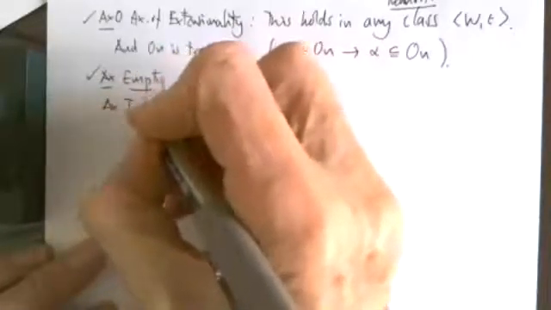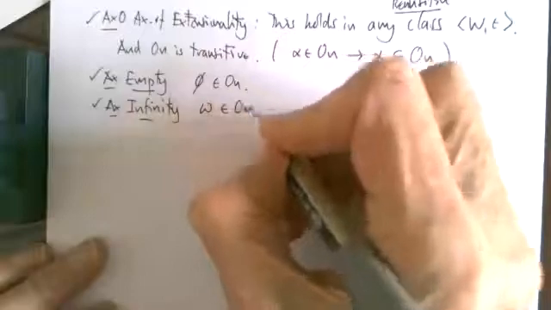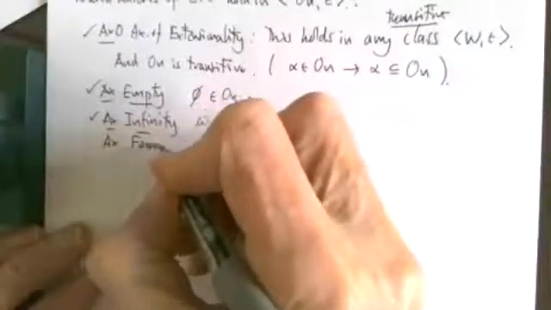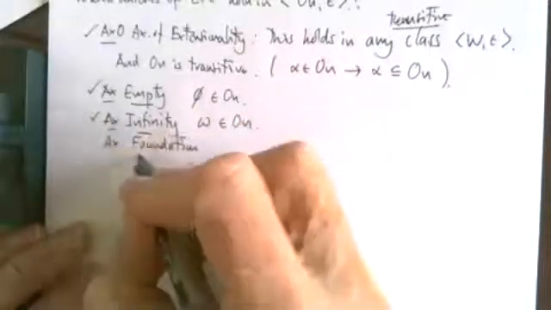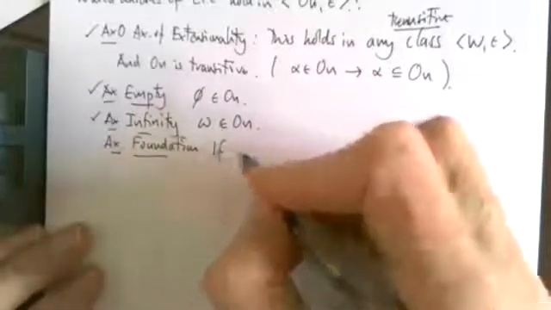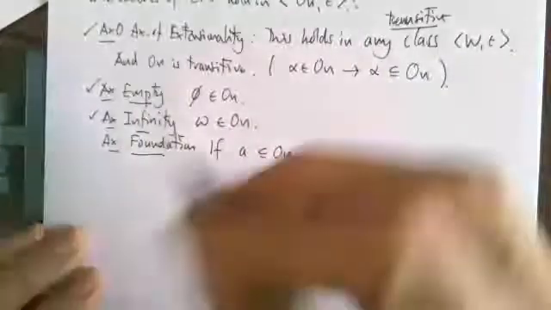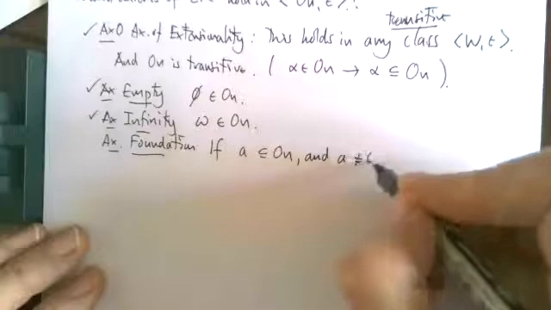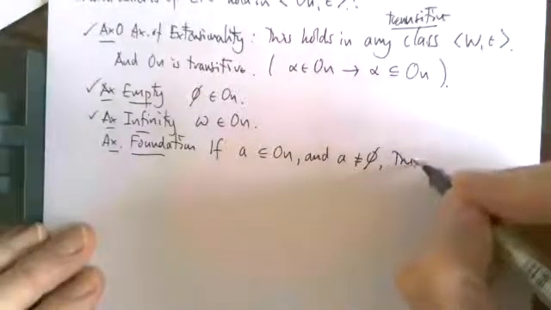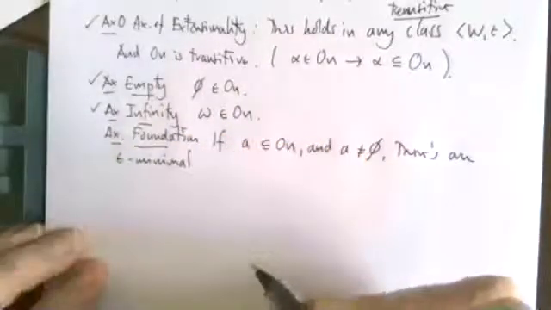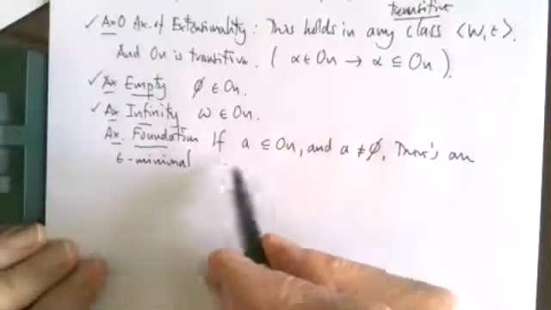Here's another one that holds, infinity. This holds because omega, an infinite set, is in ON. And so does the axiom of foundation. If I've got a term here that's contained in the universe under discussion, and it's not empty, there's an epsilon minimal element of A. Indeed, there's a least element of A, because this is a strict total ordering.